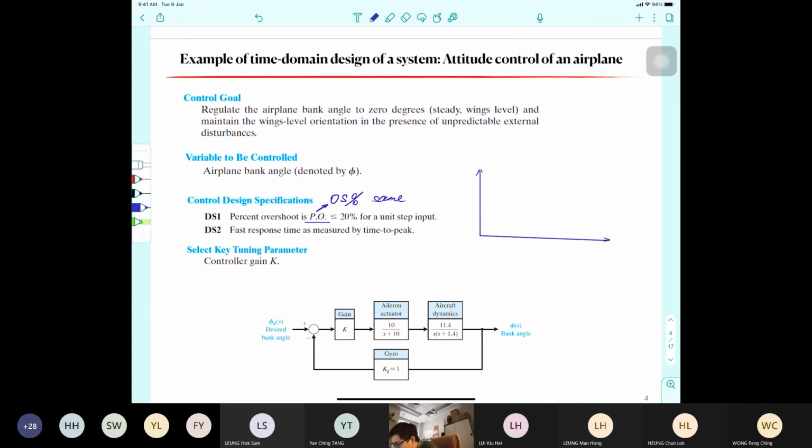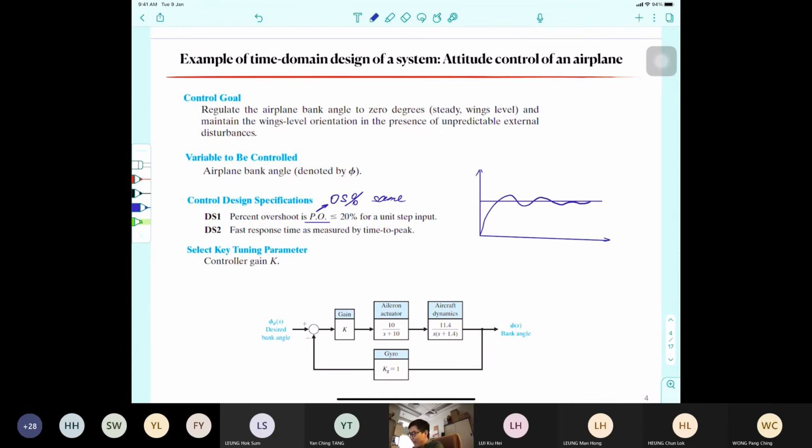It will look like this, right? And firstly, this is, oh, sorry, this is the final value we want.